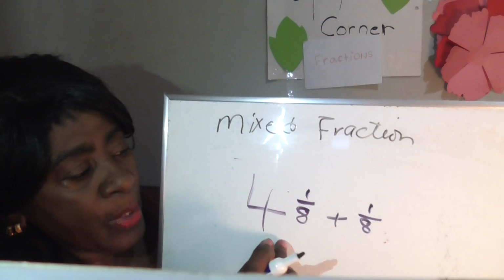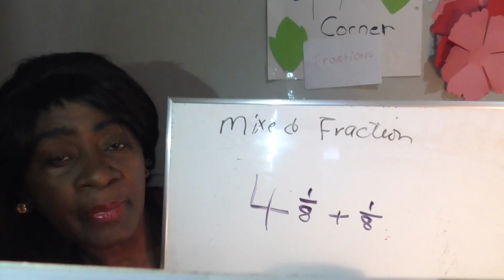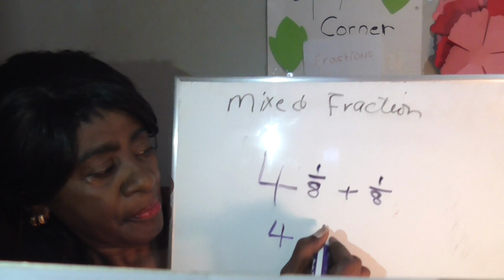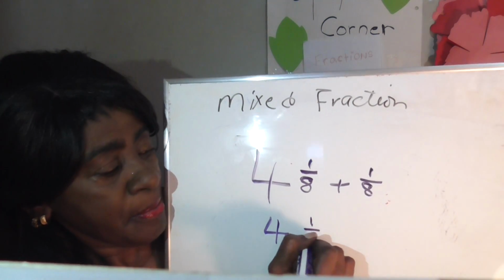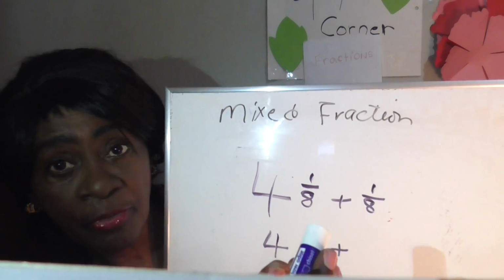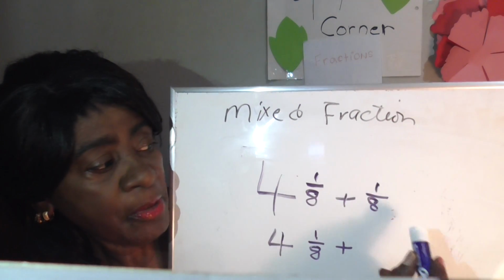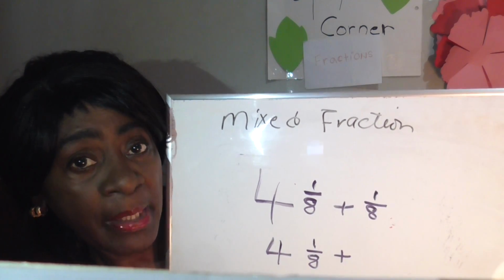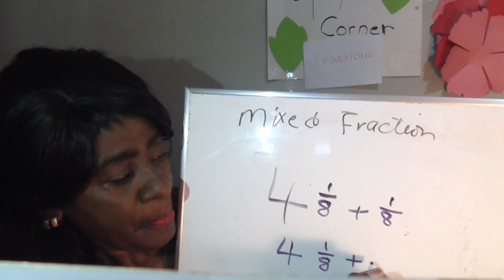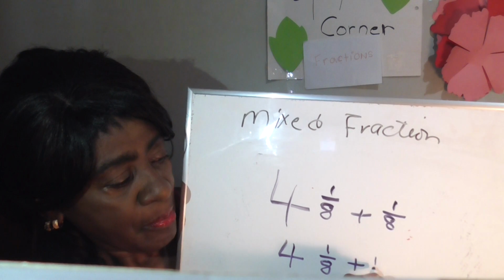How do we add 4 and 1/8 plus 1/8? In adding, we know in fractions, the top number is the numerator, the bottom number is the denominator. The denominator stays the same.